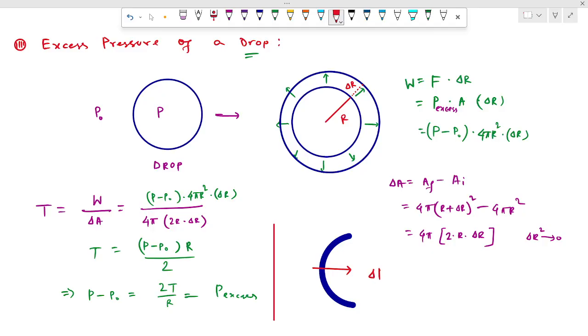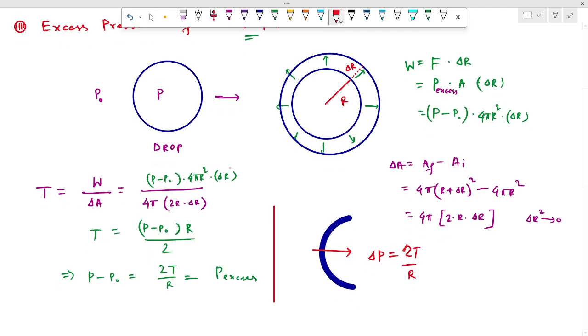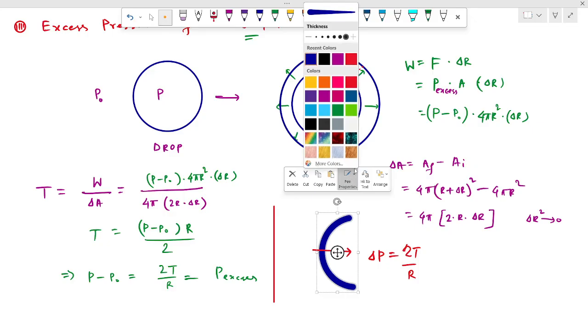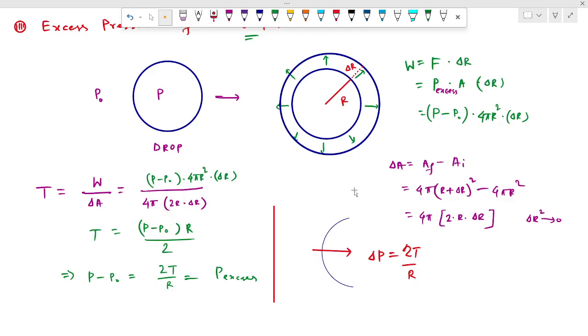That change is 2T by R, where R is the radius and T is the surface tension. We will use this concept. This drop is not that thick actually, so the pen size should be less here.